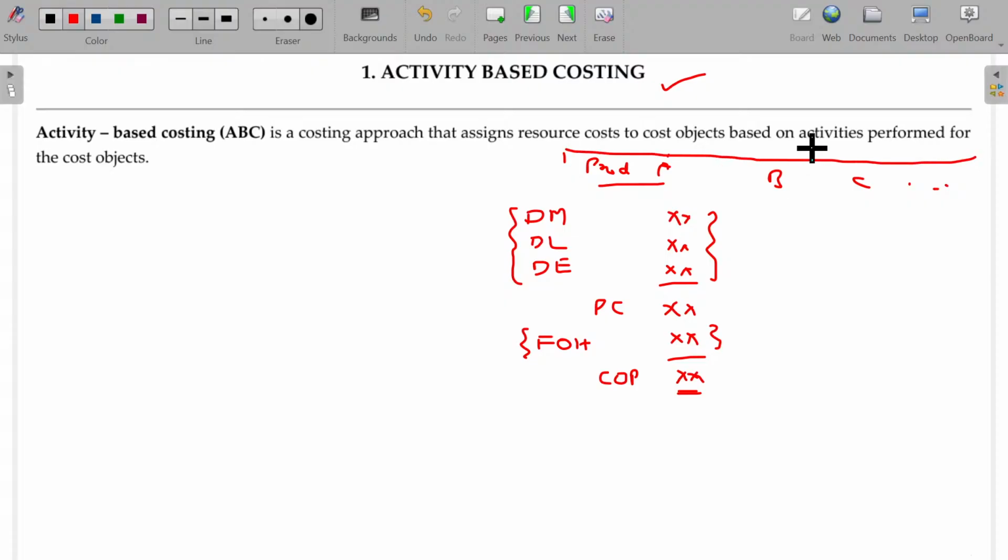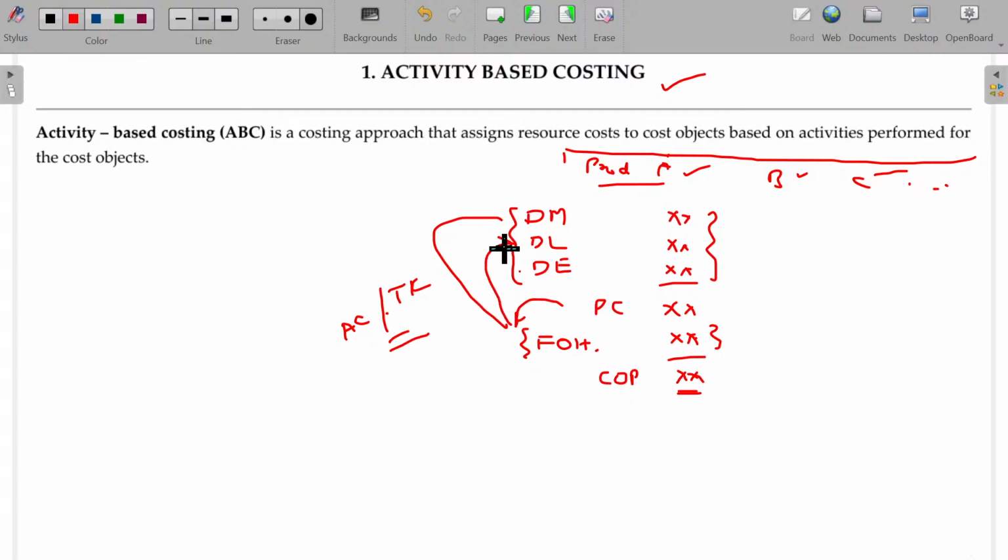Then the overhead we incur for the products will be added to A, B and C separately by using some methods. That is called absorption costing, or this will be named traditional costing. Under traditional costing, we find out the factory overhead and add it based on a certain percentage on direct material, direct labor, or prime cost.